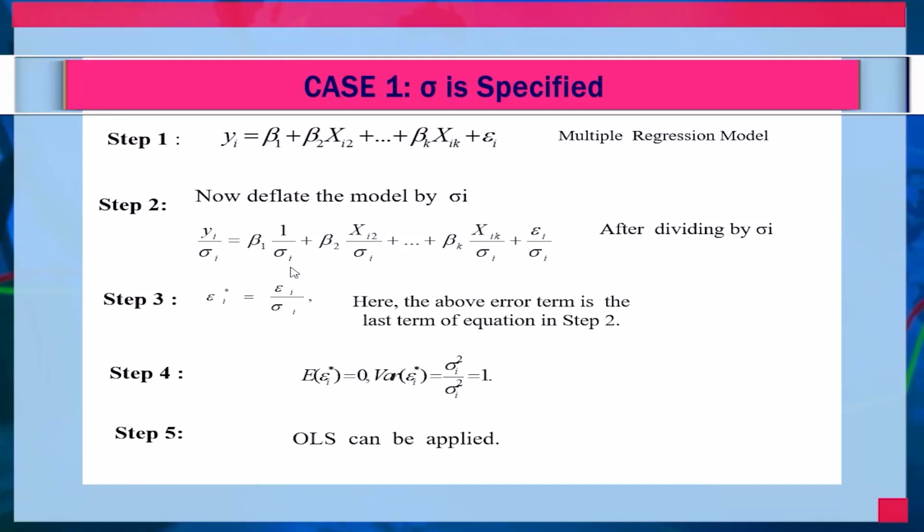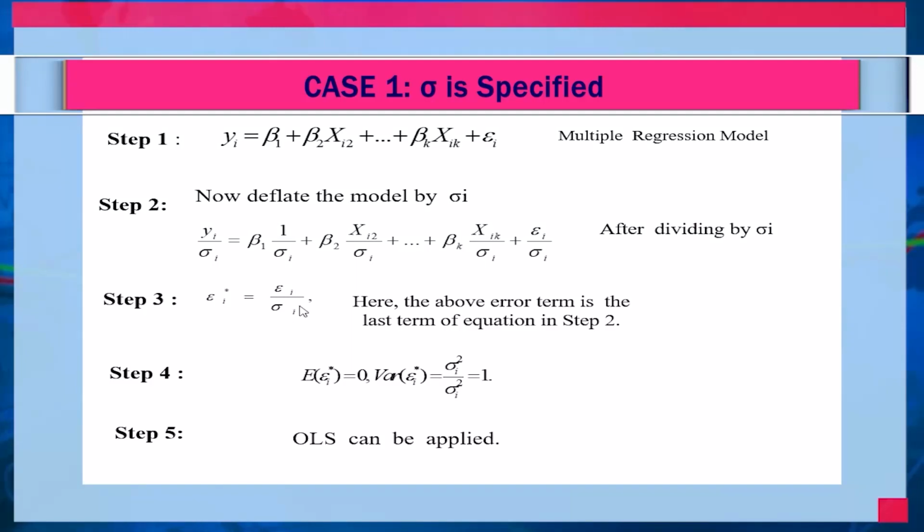And thereby we go to step 3, where we observe that this error term, epsilon i star, is basically epsilon i divided by sigma i. So what is this? This is a new error term being generated after the deflation is done by sigma i in step 2.